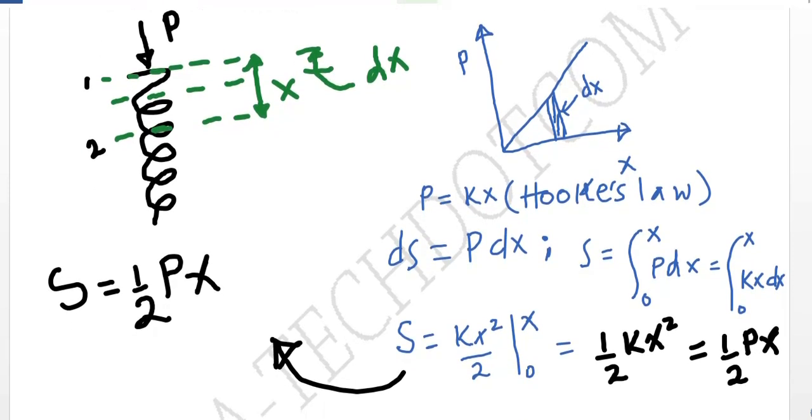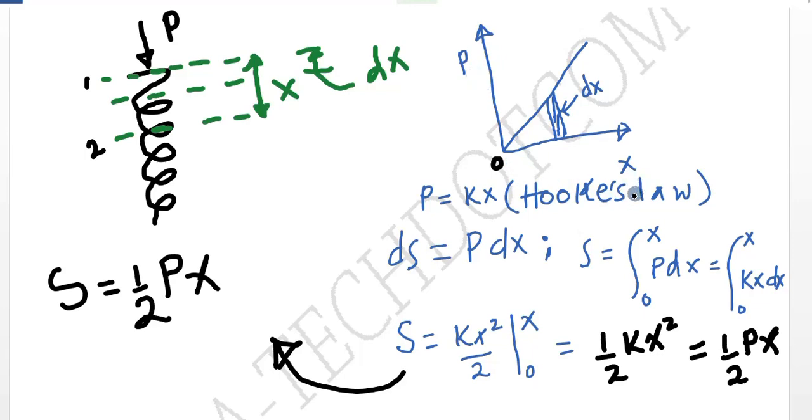So if the elastic limit is not exceeded, then P equals Kx, which will give you a graph which is a straight line passing through the origin when P is plotted against X.